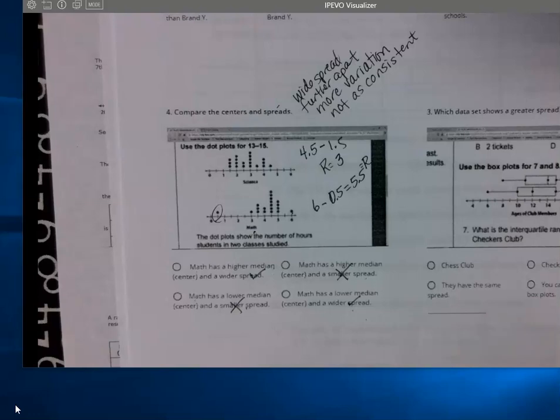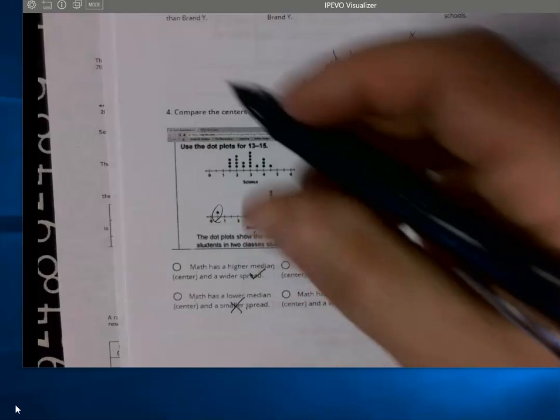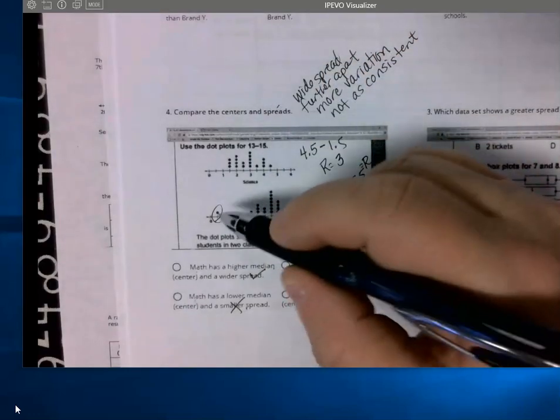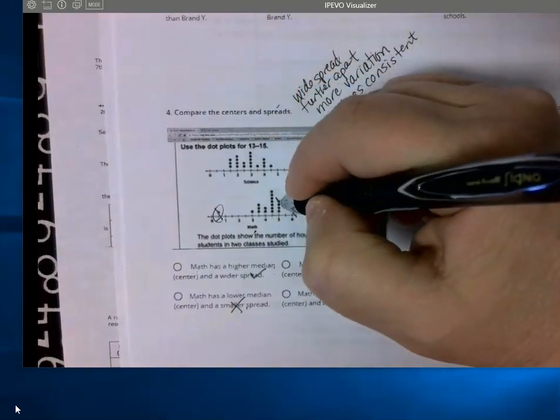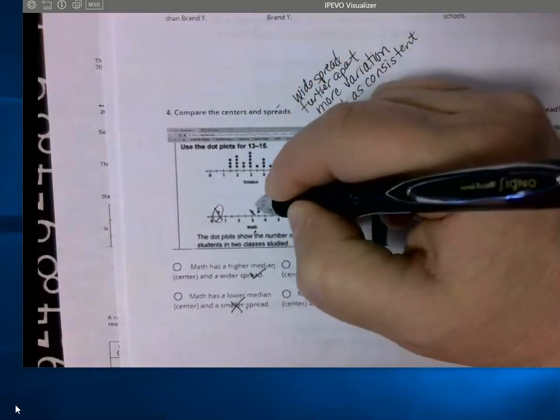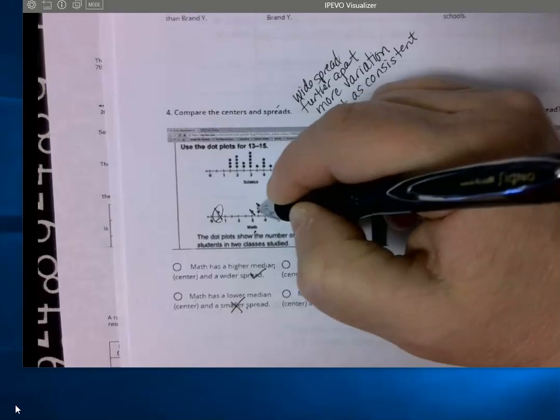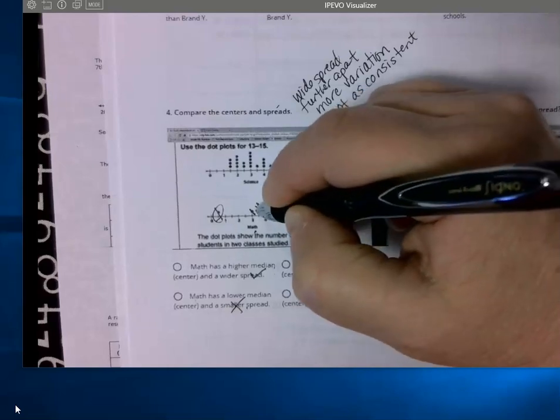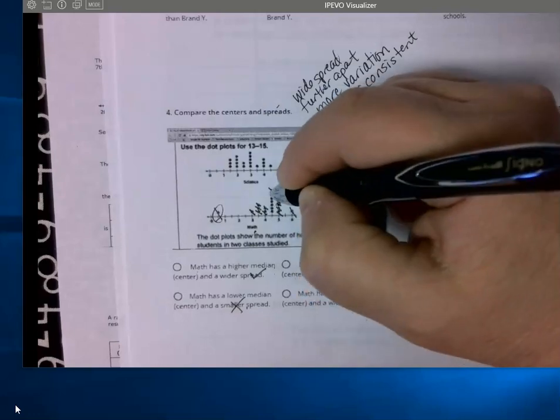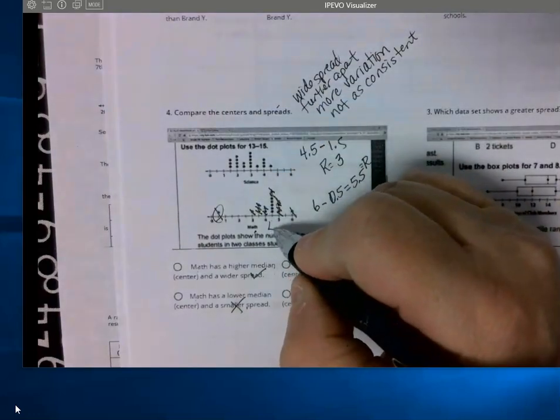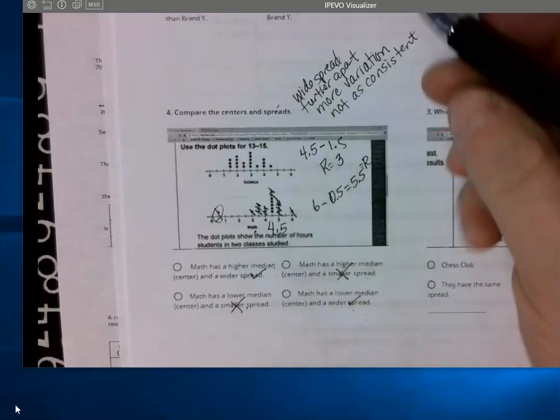Okay, the next part is the median. So one of the easiest ways to find the median is eliminating or marking out one at a time, and just keep going back and forth. There we go. So my median here is 4 5/10.